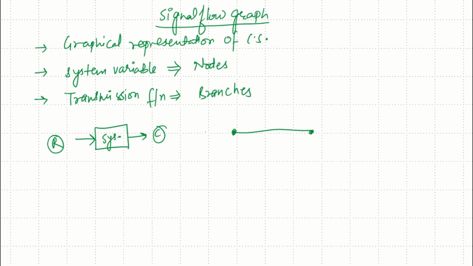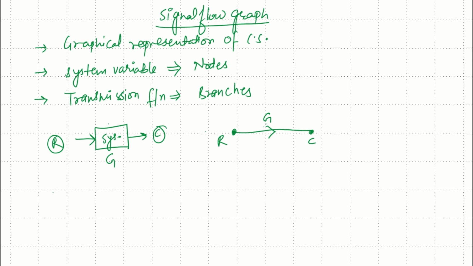This represents the forward path from the input terminal to the output terminal. The system is represented by the transmission function, also known as the branch in a signal flow graph, with the overall gain. Suppose the overall gain of this system is G, so it is represented by a branch having gain G. This is how I can represent a signal flow graph in a control system.